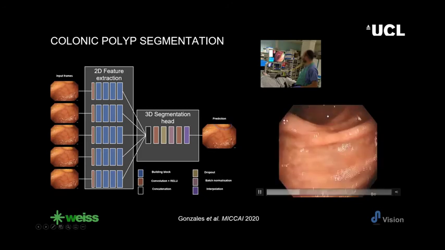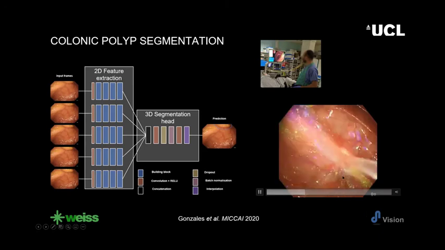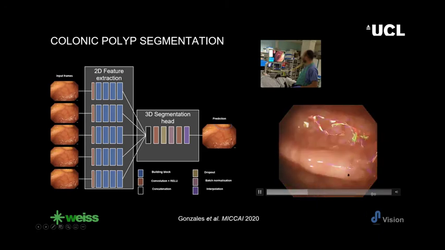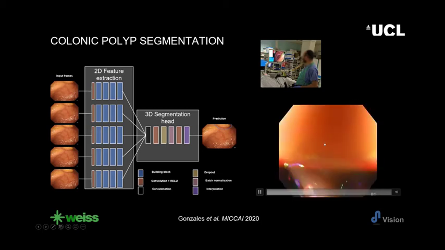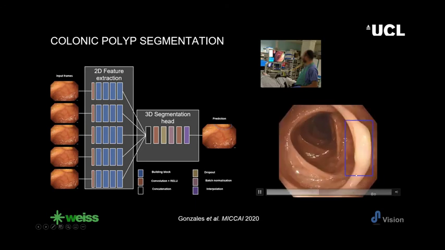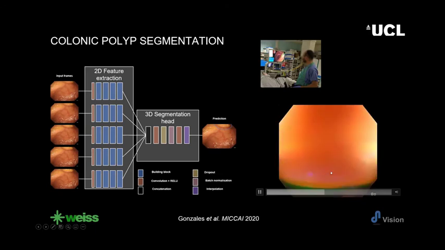So the video on the right shows a colonoscopy procedure where an AI system is estimating where polyps that could be precursors to cancer or could be cancerous are. And this is really, really important because in gastroenterology, up to 20% of polyps can be missed.